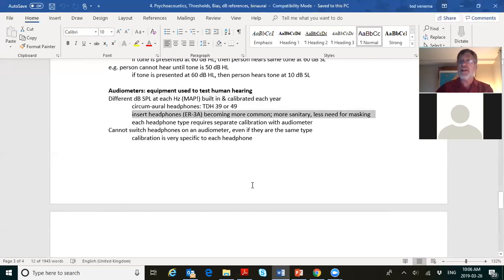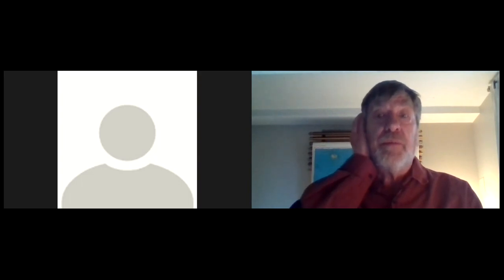They're more sanitary, and there's less need for masking. Let's say you've got a big hearing loss in this ear, and you don't have hearing loss in this ear. If I'm wearing circumaural headphones, and I put 60 decibels of a tone in this bad ear, it's going to cross the skull, and my good ear is going to hear it.